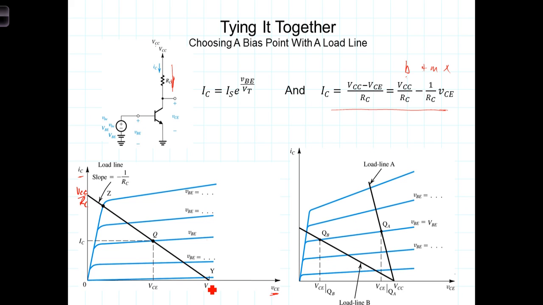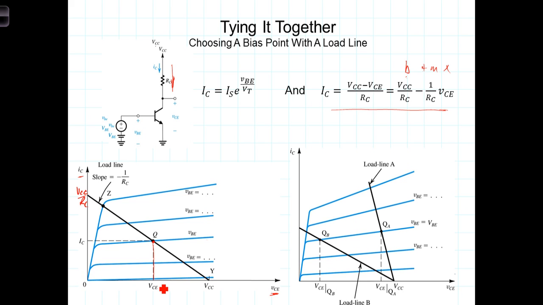And the bias point then corresponds to the point where the load line intersects the trace, and that intersection gives us the value of VCE. So for this bias point, it corresponds to a specific I sub c value, a specific VBE value, and a specific VCE value. Those three quantities then constitute the bias of the transistor.